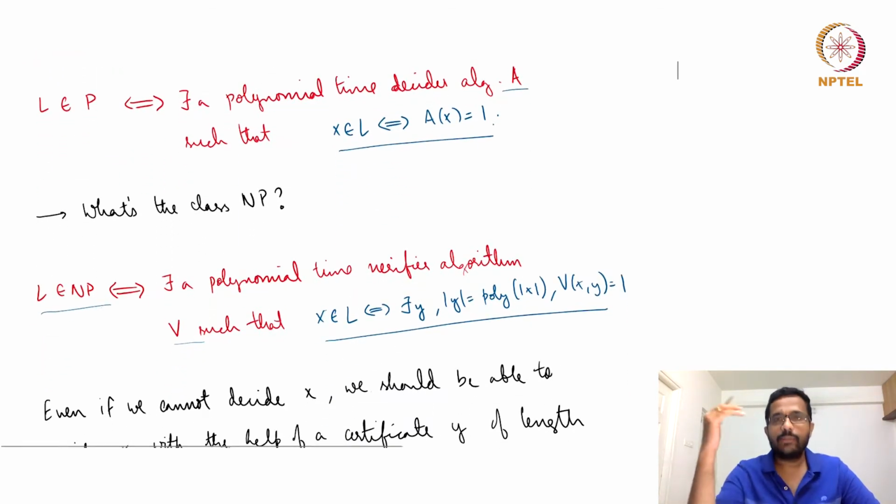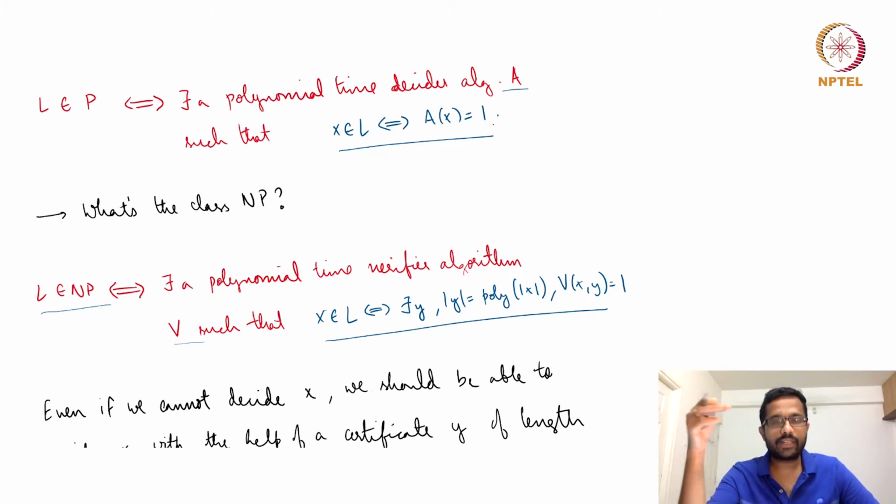What is NP? We had NP as a class of languages that have a non-deterministic polynomial time decider. However, we saw a verifier based characterization.